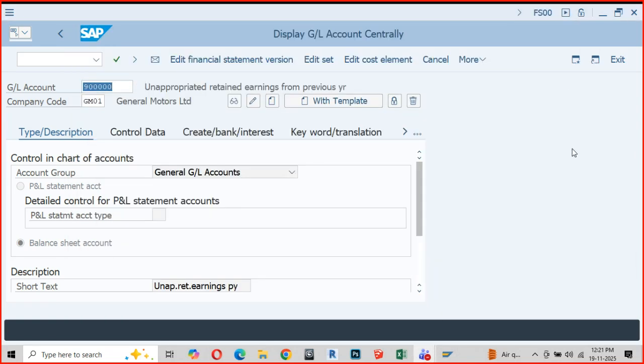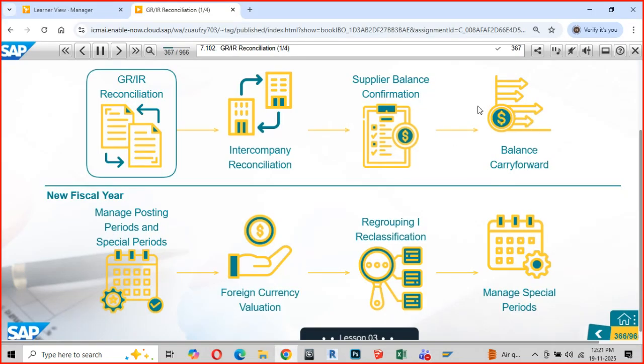Now, we just understood what is the concept of the balance carry forward. Now, the other concept, foreign currency valuation. What is this foreign currency valuation?